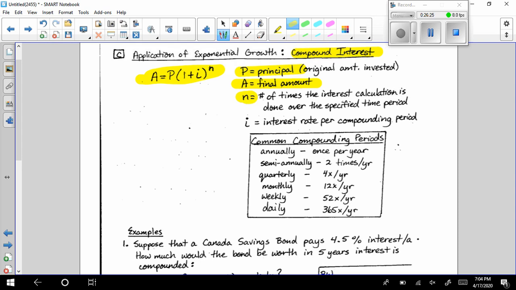The exponent n is the number of times that interest is calculated over the lifespan of the investment, the number of times the interest calculation is done over the specified period of time. And i is the interest rate per compounding period.